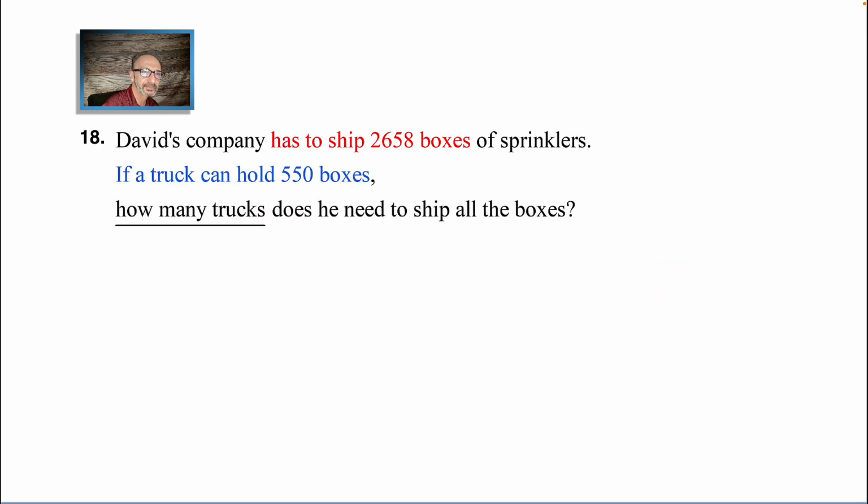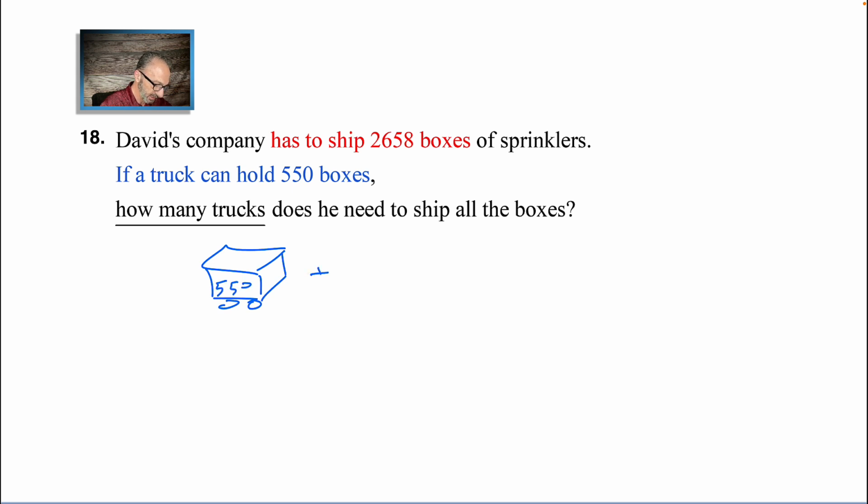Number 18. This is going to be a quick one. David's company has to ship 2,658 boxes of sprinklers. If a truck can hold only, or max, 550 boxes, how many trucks do you need? Well, thinking about the concept, every truck, let's call this a truck, holds 550.